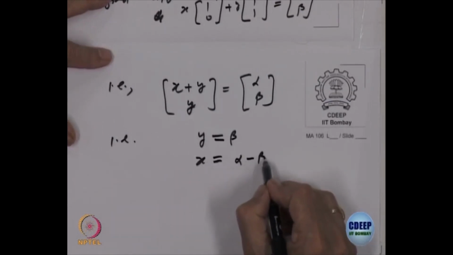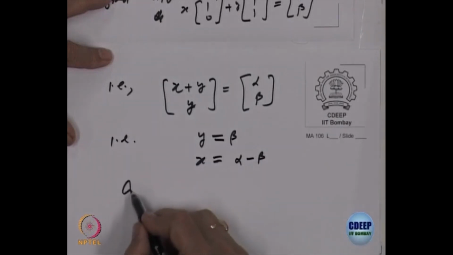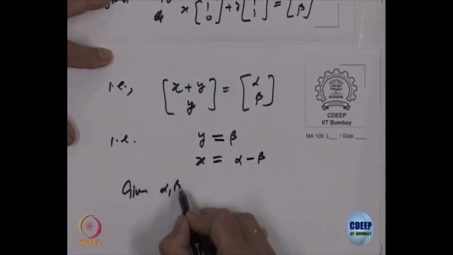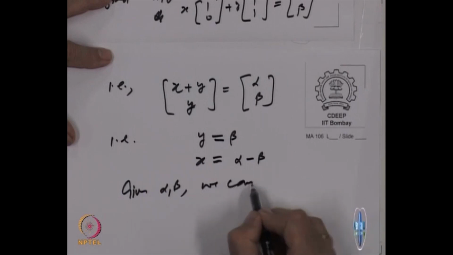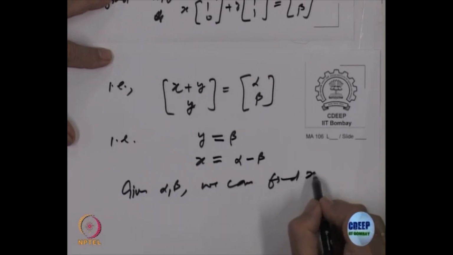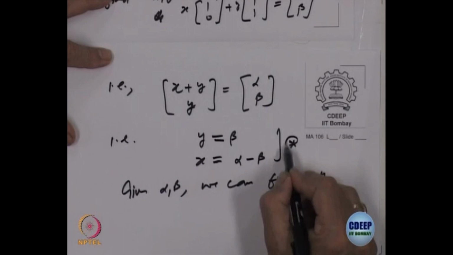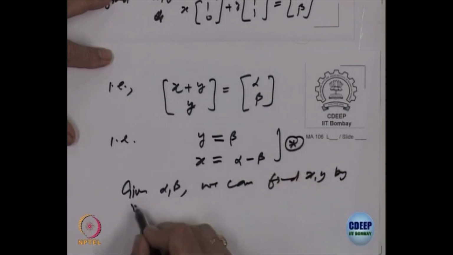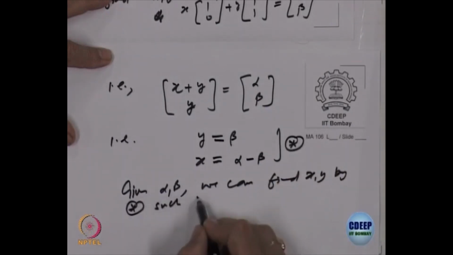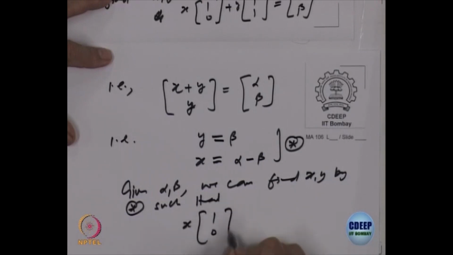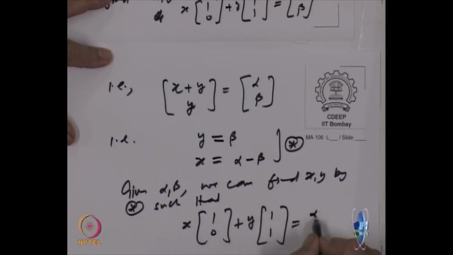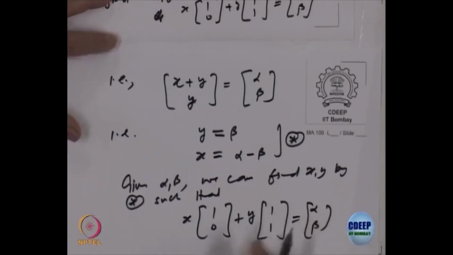Alpha minus beta. So, given alpha beta, we can find x and y by this equation (star) such that x times (1, 0) plus y times (1, 1) is equal to (alpha, beta), right.